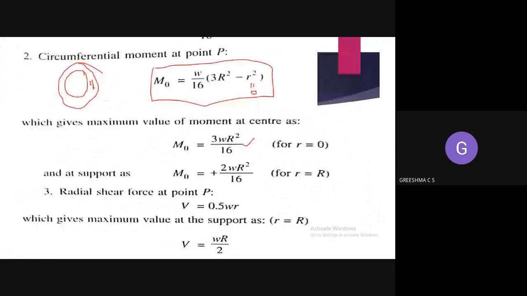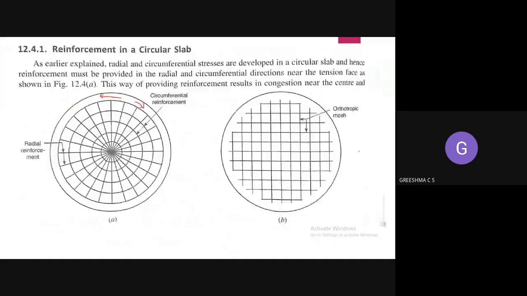Why? Because at the edge portion, tensile forces will be developing. That's why we are providing circumferential reinforcement over there.